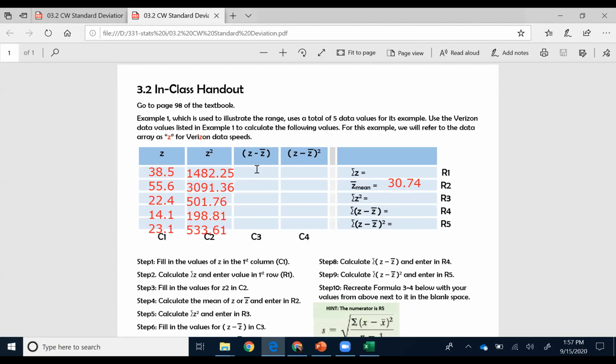This equation is saying Z minus Z bar, which is the mean. So that's 38.5 minus 30.74. For this line, 14.1 is Z, minus the same mean of 30.74. If you can add those different values in the chat, that'd be greatly appreciated. The first one we got from Dwyer. I'm going to check your maths to make sure.